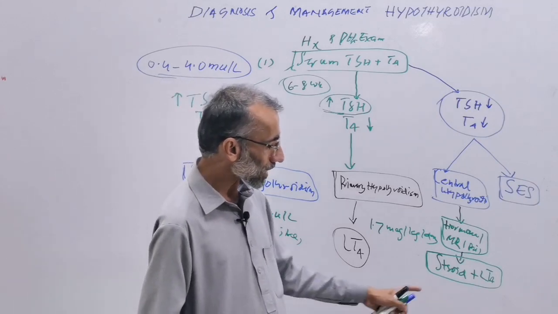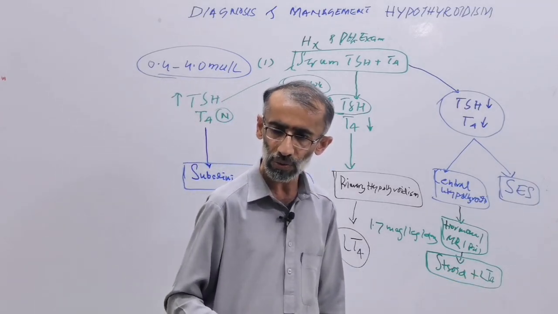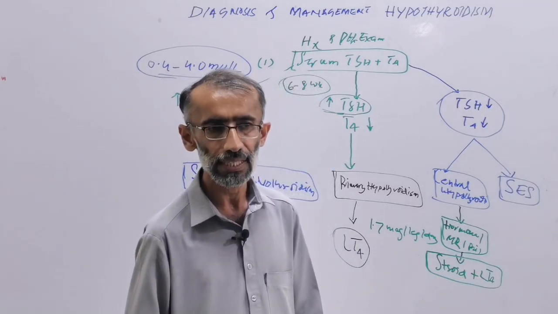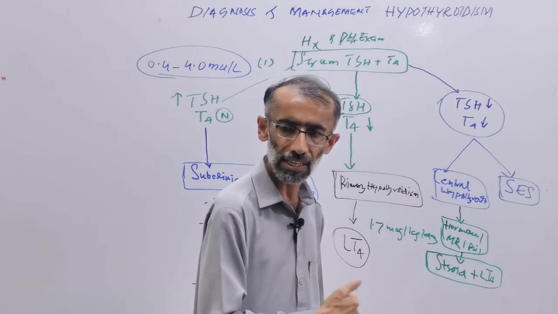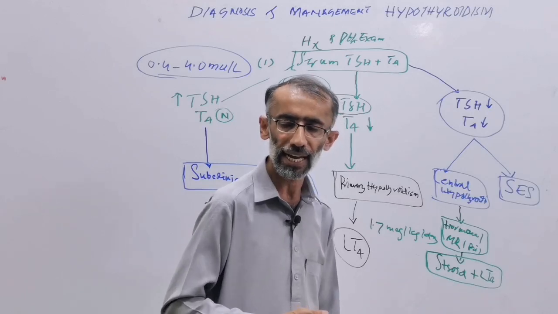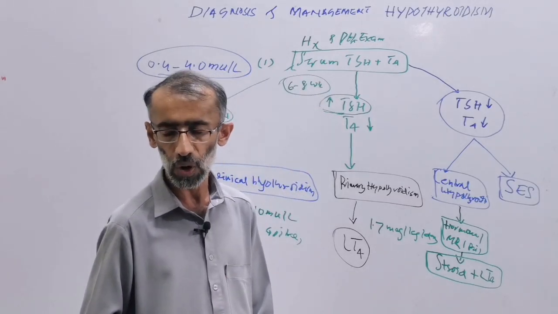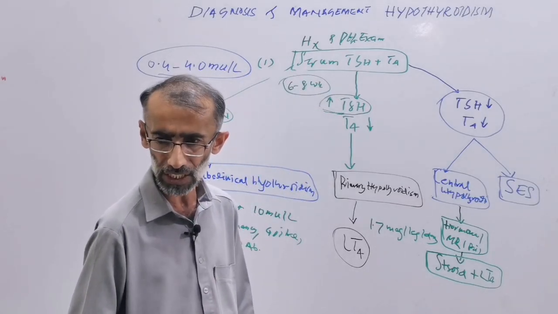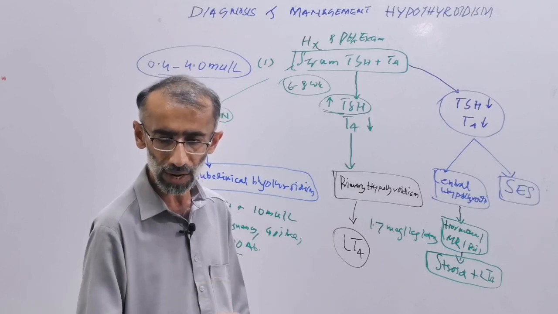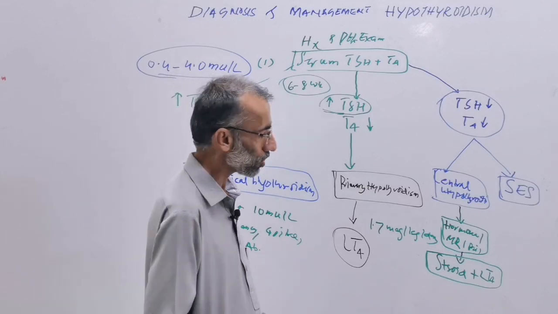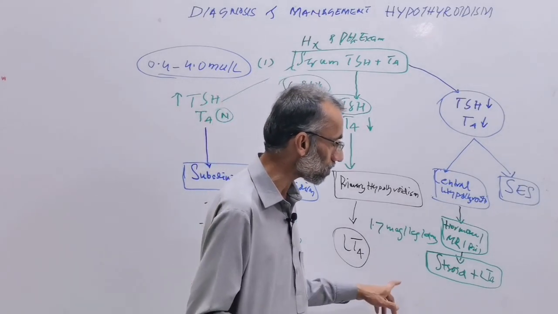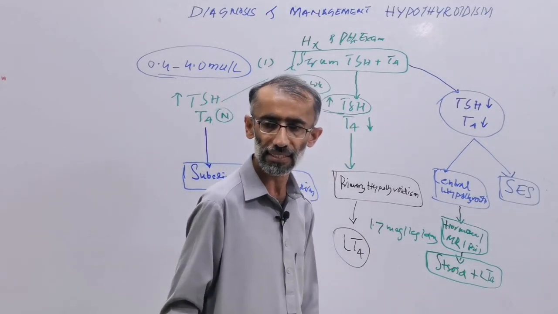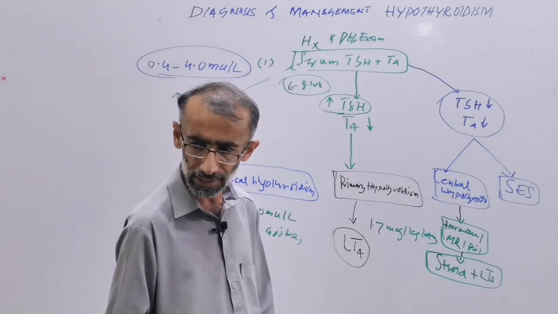If you start thyroxine alone, thyroxine can increase the metabolism of cortisol, resulting in acute adrenal insufficiency. It will worsen the condition of the patient. So in central hypothyroidism always start steroid with levothyroxine.